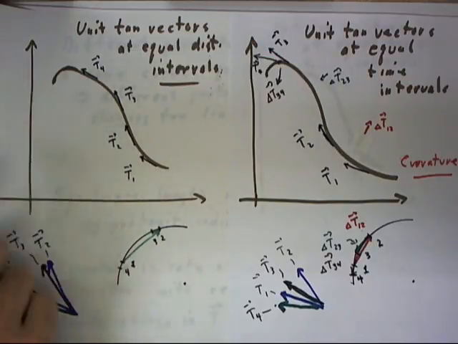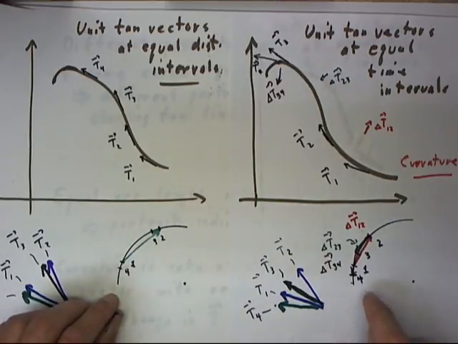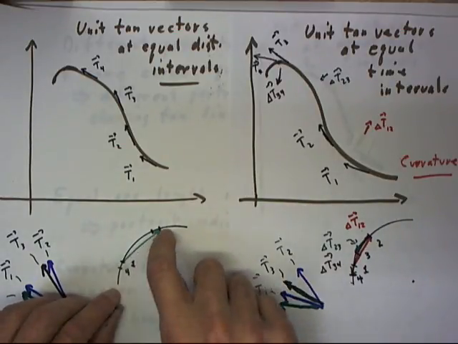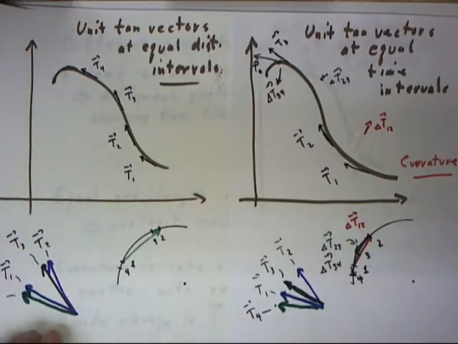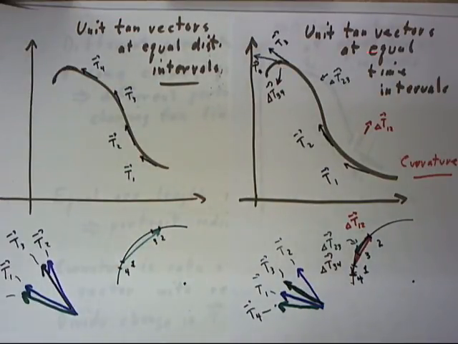But here's the picture that we get for equal distance intervals. Here are the vectors that we get, T1, T2, T3, T4. And here we have a picture similar to this one where we're going to be able to trace out the differences in these vectors as they appear on different distance intervals.